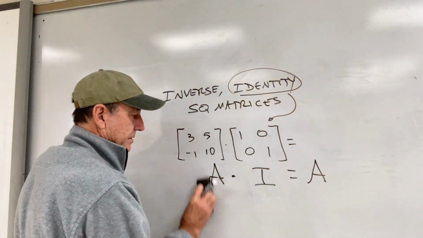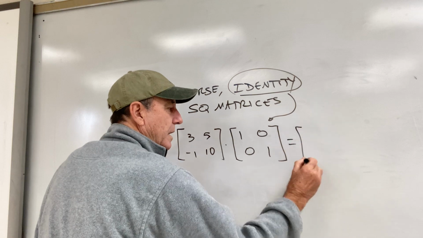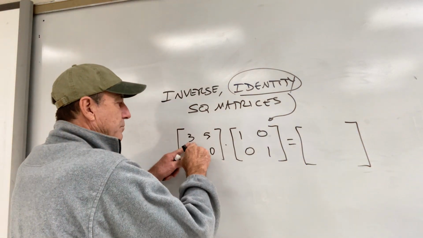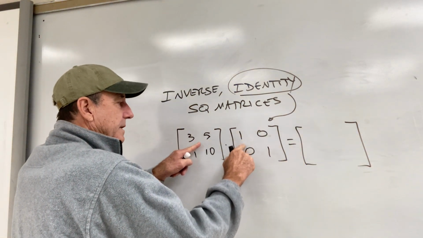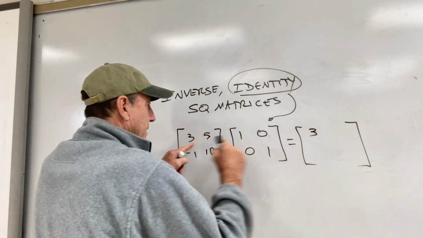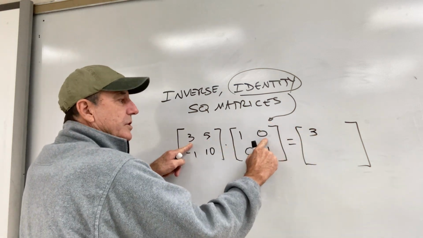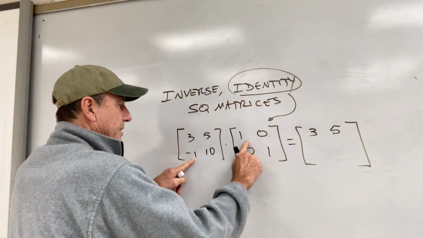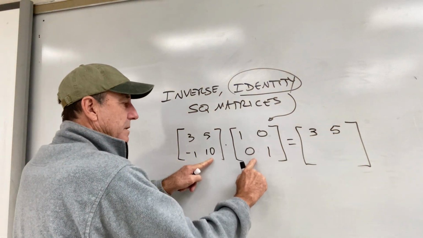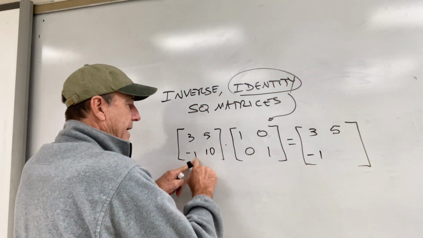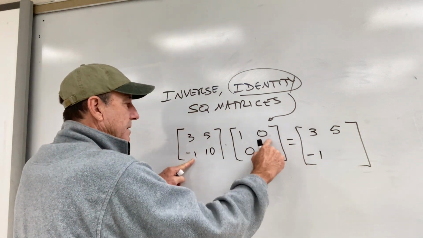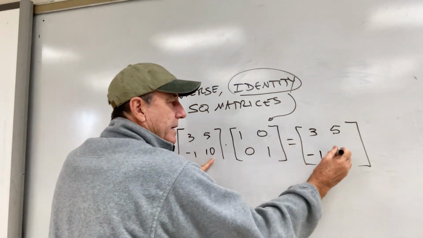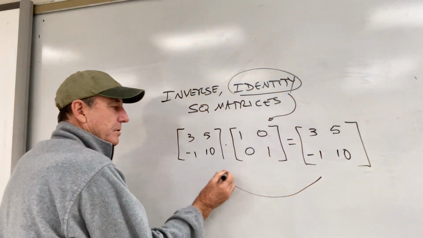We know that this is a 2 by 2 times a 2 by 2, pretty straightforward. First row, first column, there's 3 plus 0. First row, second column, there's 0 plus 5. Second row, first column, there's negative 1 plus 0. And second row, second column, 0 and 10. And sure enough, this gives us the original matrix.